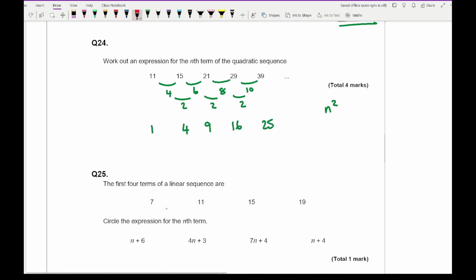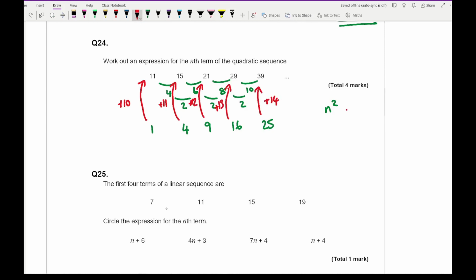So then if I work out the difference between those numbers, that's plus 10, that is plus 11, that is plus 12, this is plus 13, and this is plus 14.